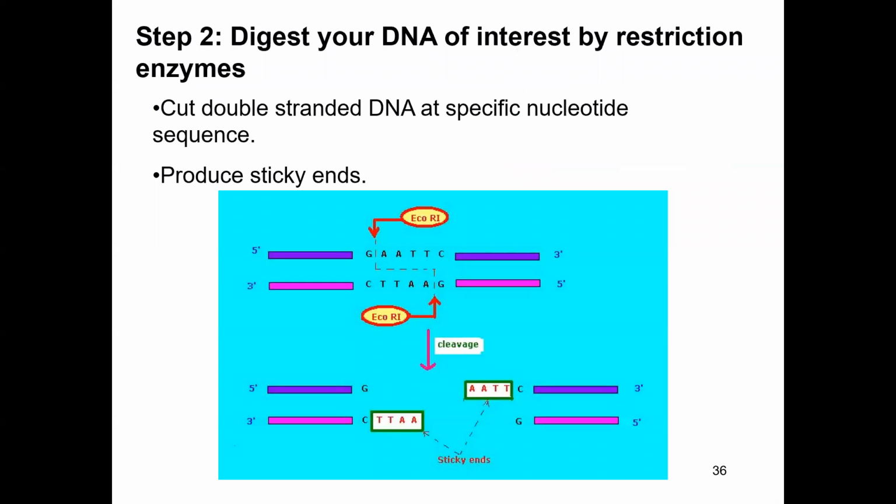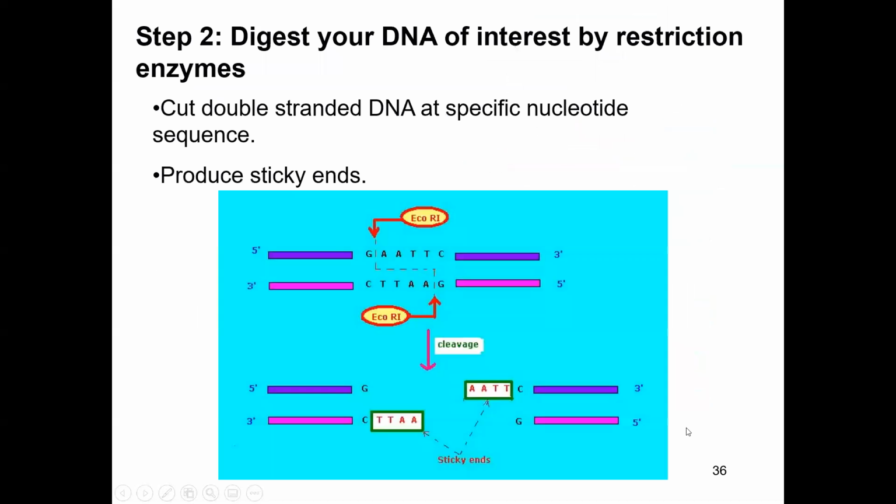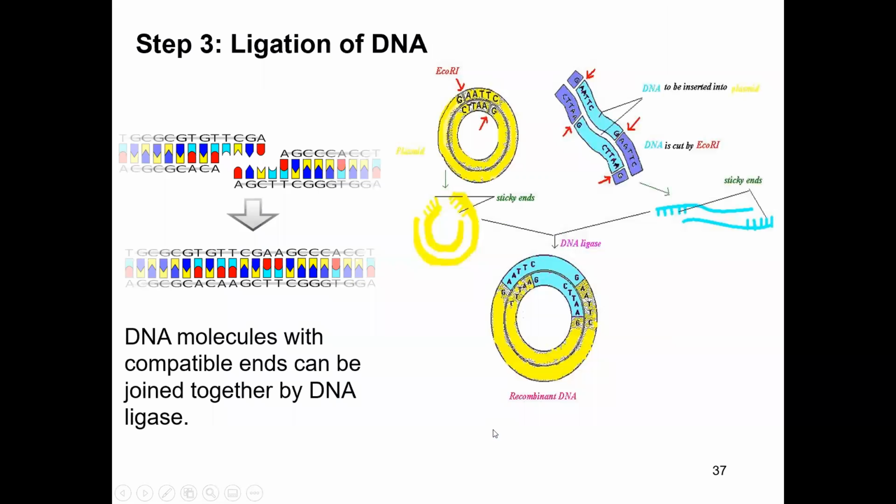So we've made billions of copies of our FoxP2 from human cells. Now we're going to digest our DNA of interest by using restriction enzymes. This should be familiar to you. So we've made our little sticky ends here. And now we can take a plasmid and cut with that same restriction enzyme to line up the sticky ends, use DNA ligase to glue it all together to make recombinant DNA.